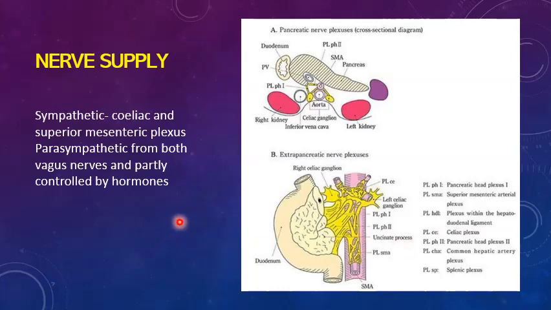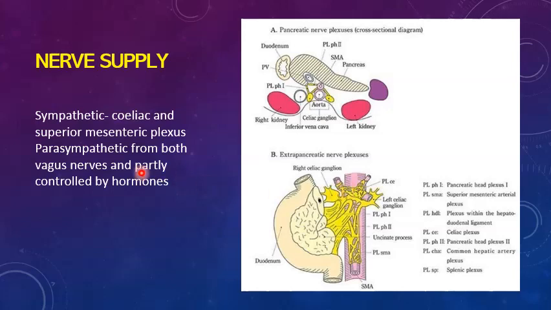Then coming to the nerve supply. The sympathetic nerves are derived from the celiac and superior mesenteric plexuses. So the celiac plexus and the superior mesenteric plexus supply the sympathetic innervation to the pancreas.